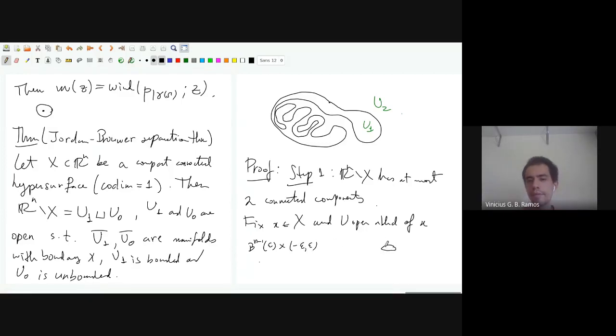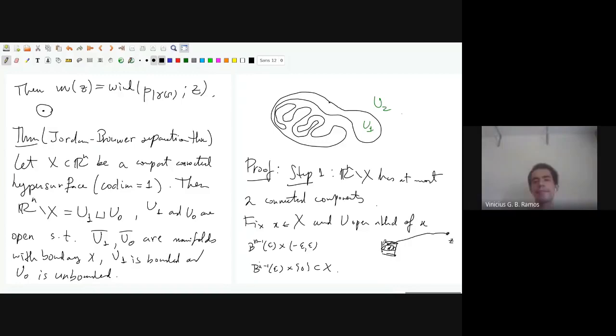And B^(n-1)(epsilon) times 0 is what's contained in X. Okay, so I can't write very well. So what I'm going to do is say, without ever crossing X.